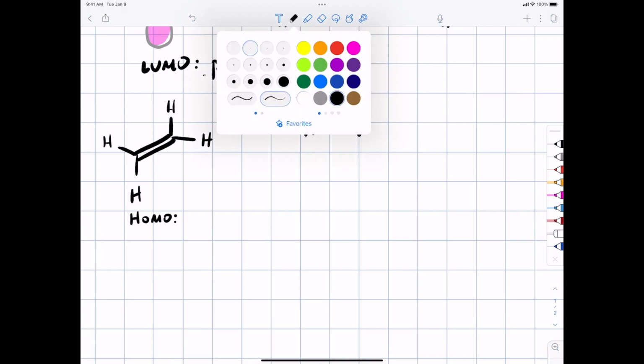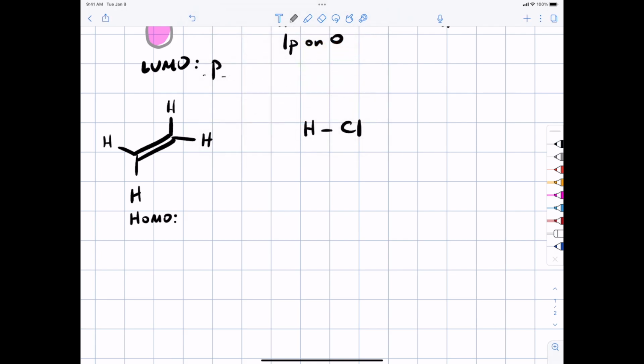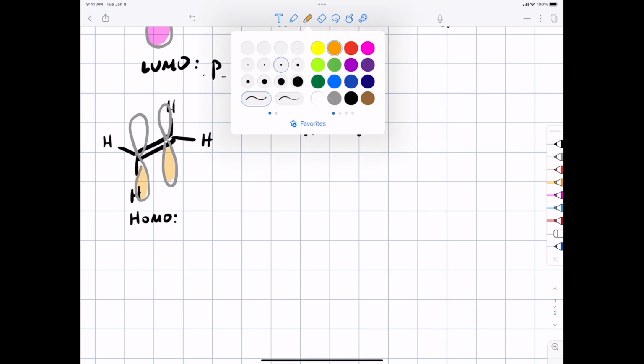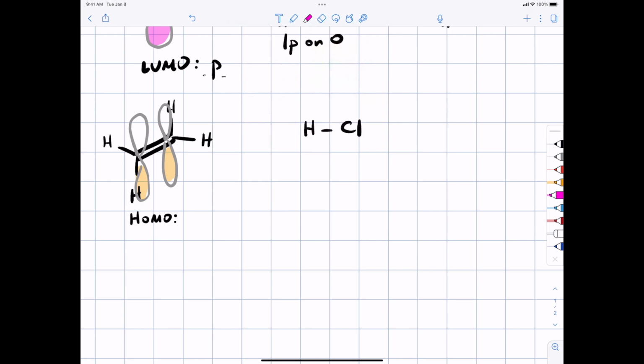Which I can envision if I'm looking at this molecule sort of from the side as two p orbitals lined up together with the same wave function sign, or alternatively, I could draw a large lobe here and another large lobe there and color them in. That's fine too.